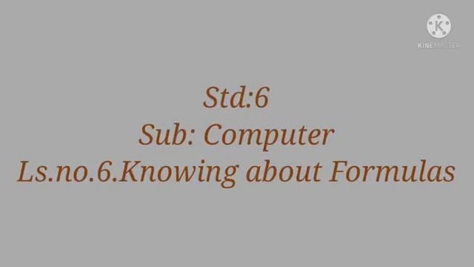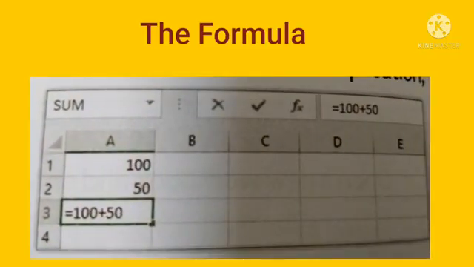Standard 6th subject computer. Today we are going to learn lesson number 6, knowing about formulas. The most important feature of Excel is its ability to do calculation quickly and accurately.